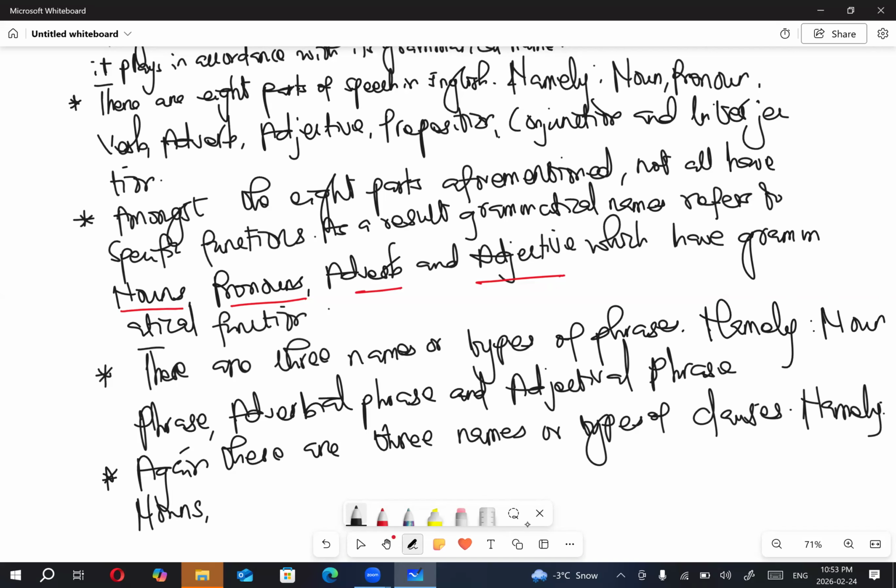So we have noun clause, skip for pronouns again, adverbial clause, right? And adjectival clause.